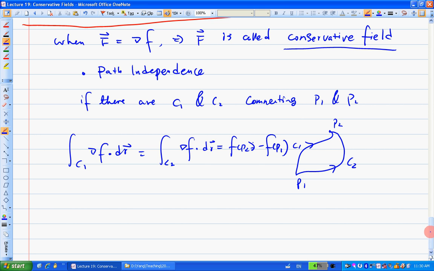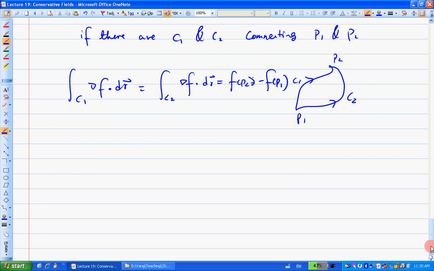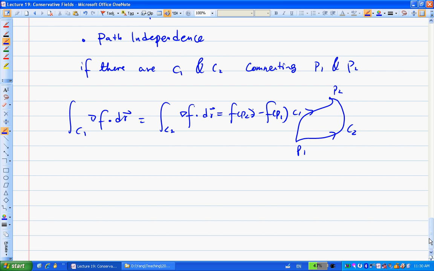Path independence exists in many cases. When you're learning thermodynamics, the first law of thermodynamics has this work done by the system, and that is also path independence. This is important to the theorem because when you're given a question with a vector field and a curve C and asked to calculate this line integral, jumping directly into it may be very difficult.